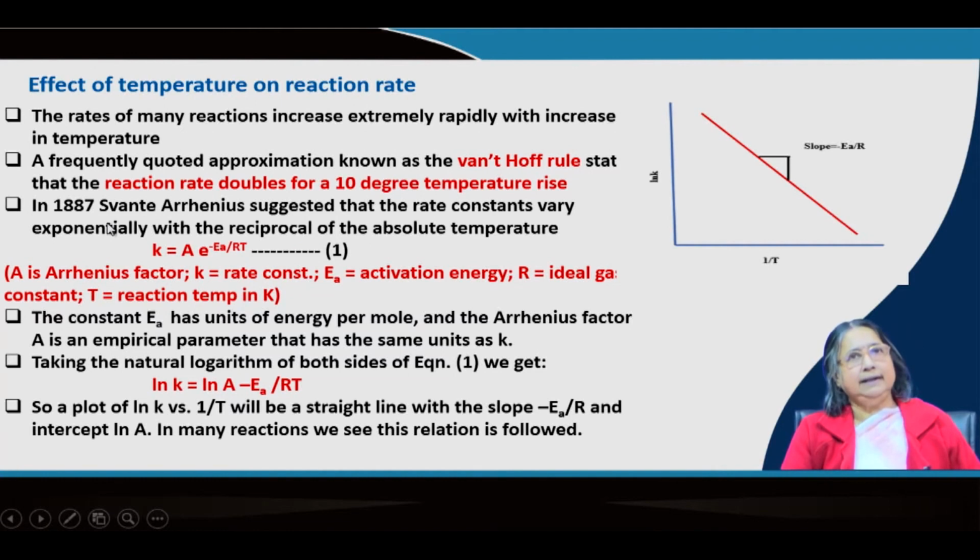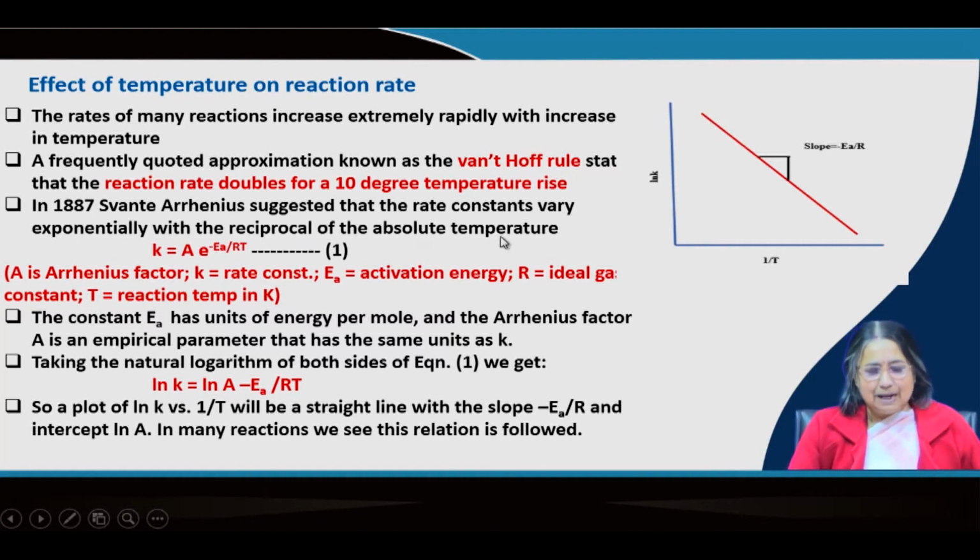Then in 1887, Arrhenius suggested that the rate constant varies approximately exponentially with the reciprocal of the absolute temperature, and he gave this expression: k, the rate constant, equals A, known as the Arrhenius factor, times e to the power minus Ea by RT.